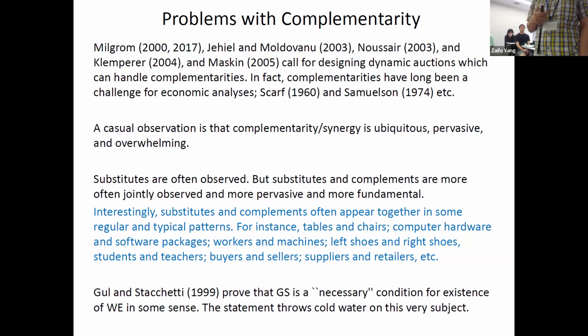Later on, we also found that a number of people working in auction design found that complements pose a challenge for dynamic auction design. In general, complements have been a difficult issue for economic analysis, not confined to auction design.